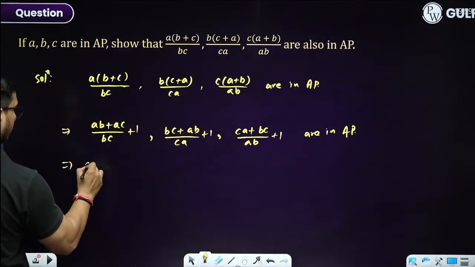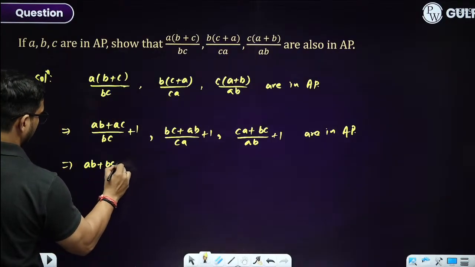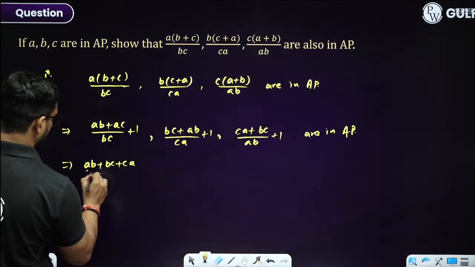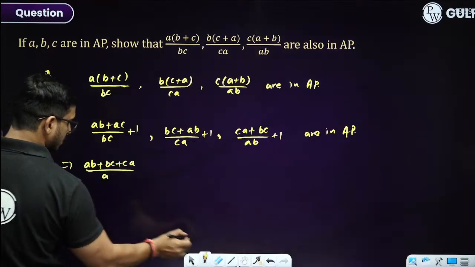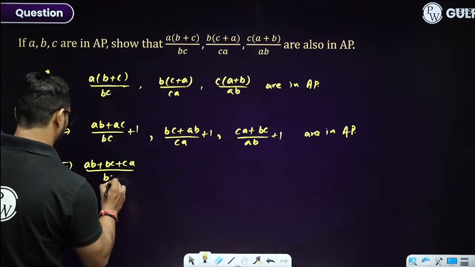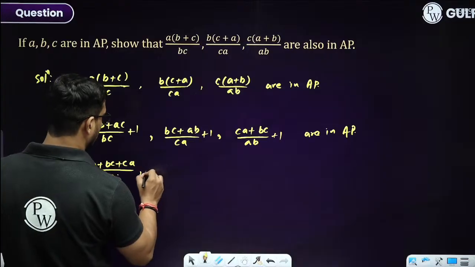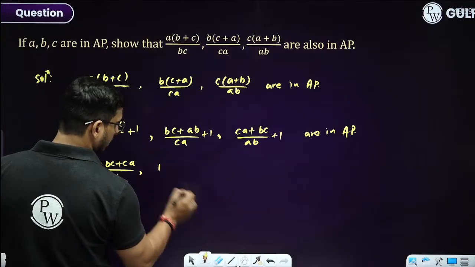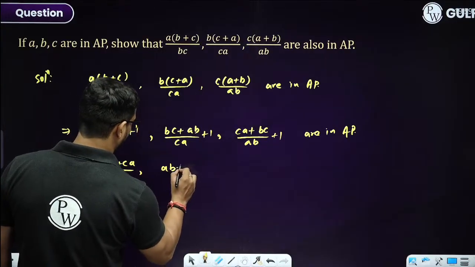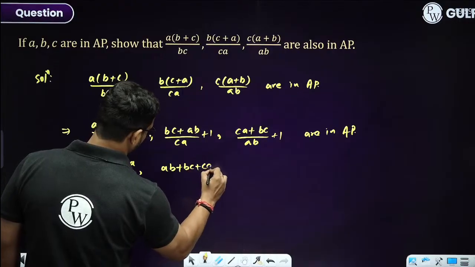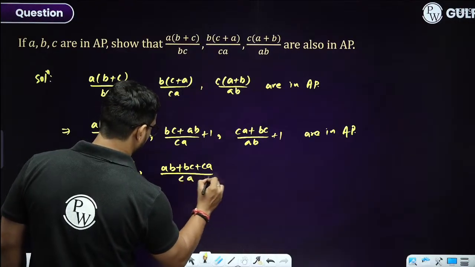So should I write (AB plus BC plus CA) by BC, yes or no? Then again (AB plus BC plus CA) by CA, and (AB plus BC plus CA) by AB.